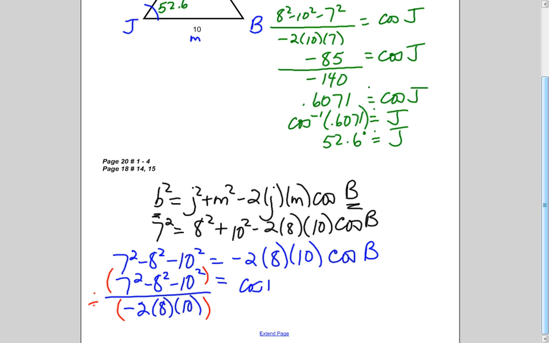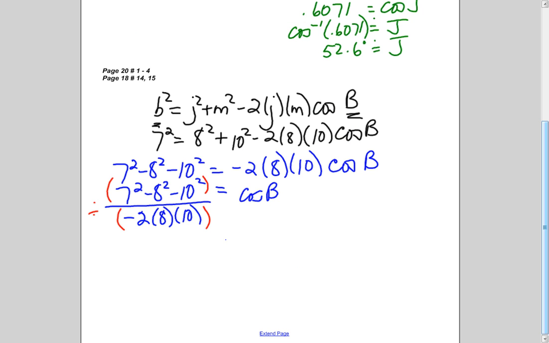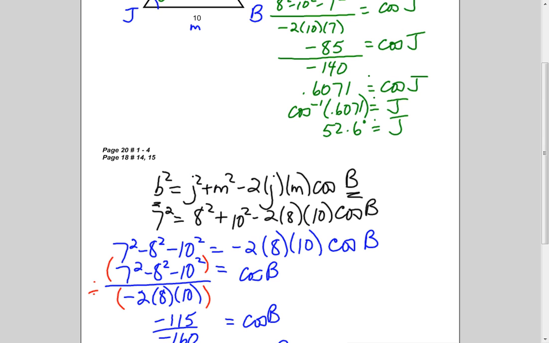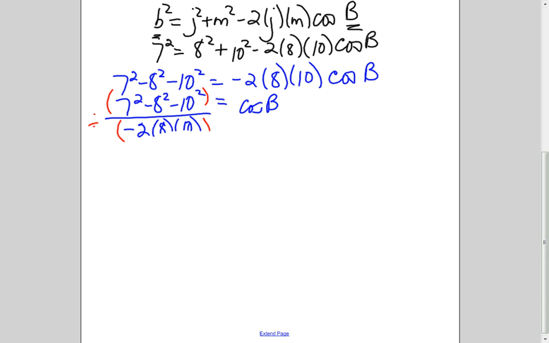Cos B will be a decimal. So cos B is minus 115 over minus 160.